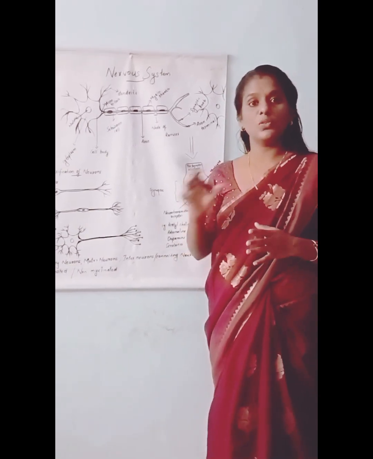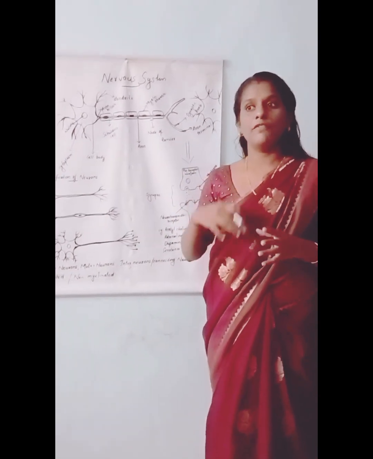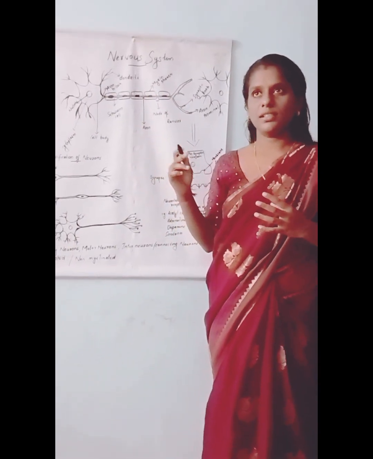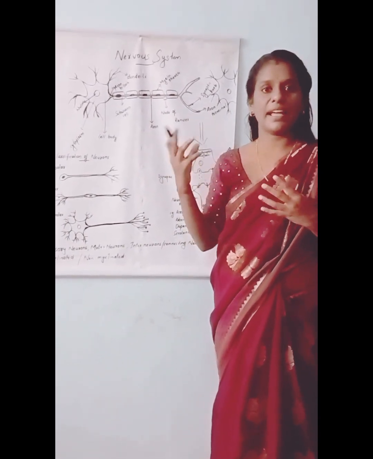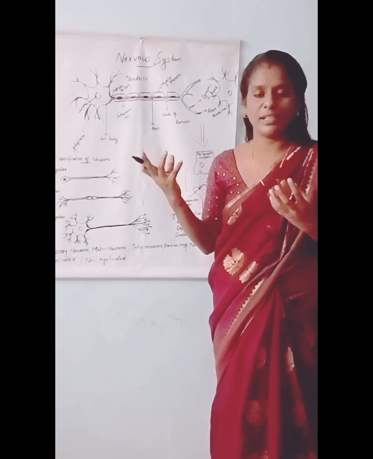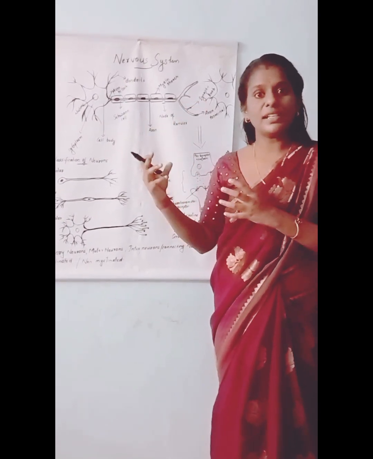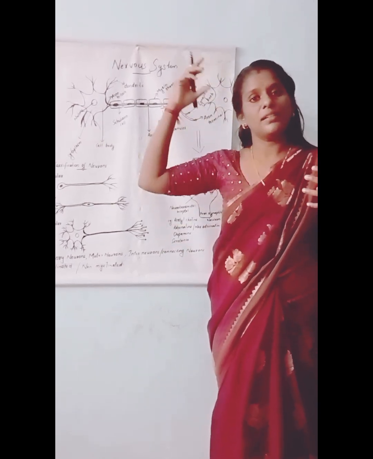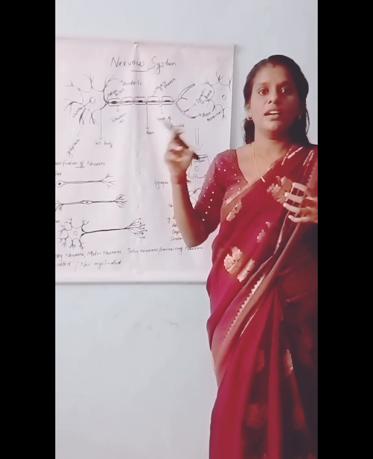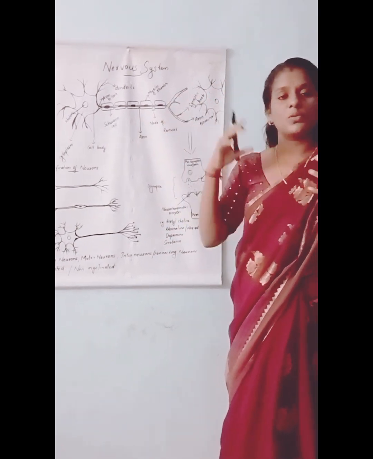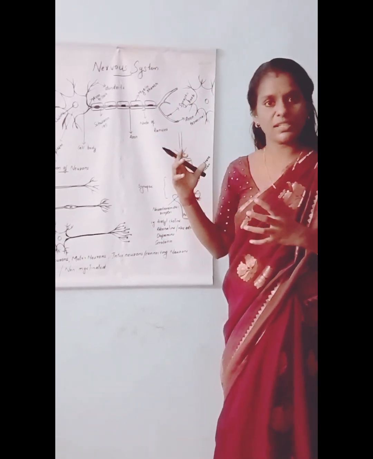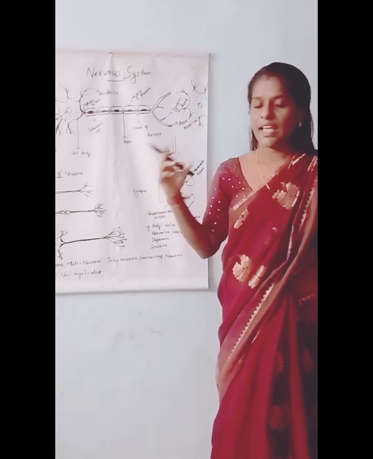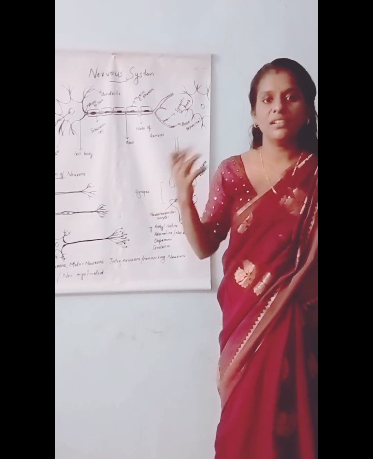Sensory neurons means the neurons which carry impulses from the organ to the brain. Okay, for example, the eye. I give a stimulus. Okay, that stimulus is carried by the sensory neuron to a special part of the brain. Okay, and the brain will process the information and give responses through the motor neuron, and the response will reach the eye, and after that we are able to see the image.